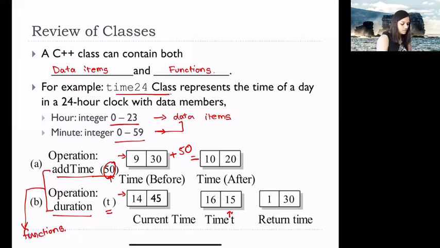We are asking it to find the duration between this time t and the clock time. So it is t minus this item, and the duration between these two times is nothing but 1 hour, 30 minutes.